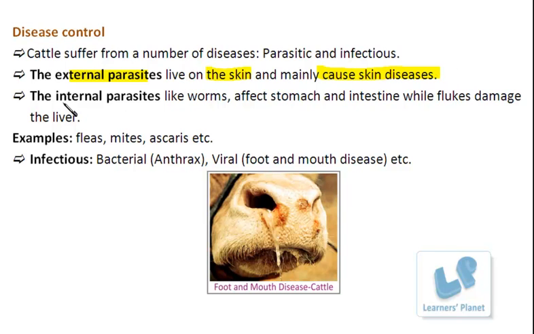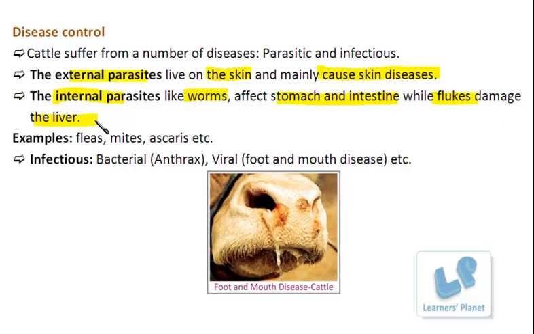Whereas the internal parasites, as they enter inside the system, whether it is the blood or the alimentary canal or a different system in the animals, cause effects according to the site where they are present. It usually includes the worms, and they affect the stomach and intestine of these animals. Some examples are flukes, which can actually damage the liver.